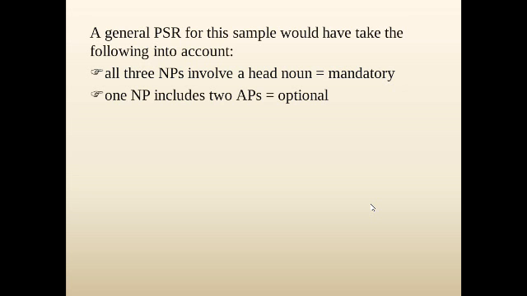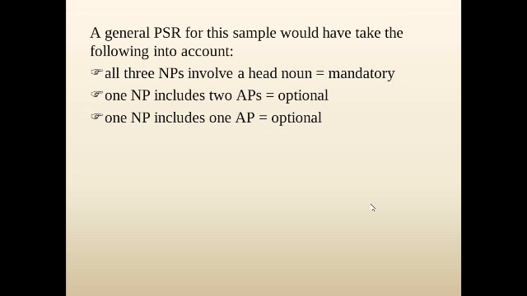Then we find that one of the noun phrases in our sample includes two adjective phrases. The fact that we find two adjective phrases only in one of the three noun phrases means that these are optional components. Same logic applies to the one adjective phrase that we find in the third noun phrase.